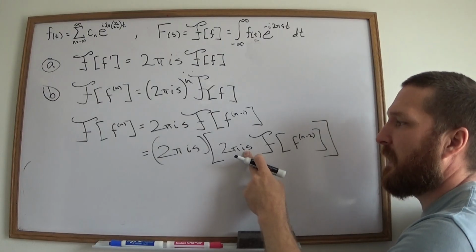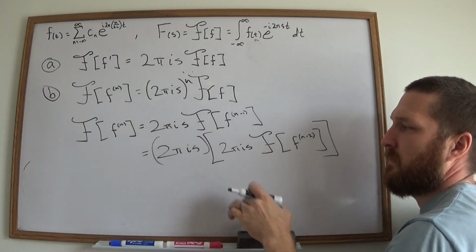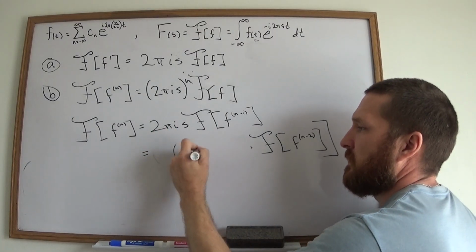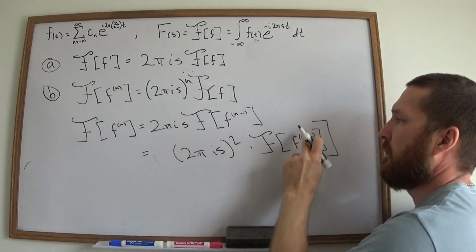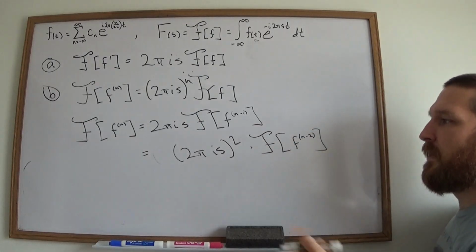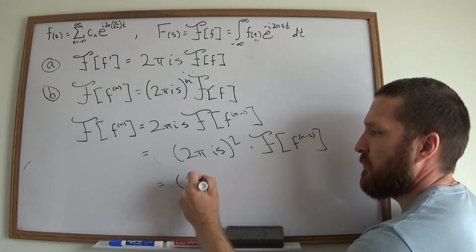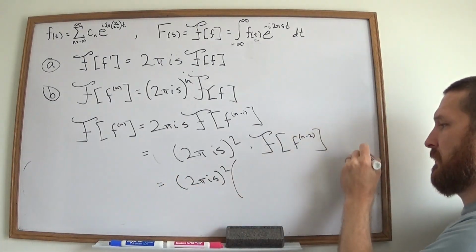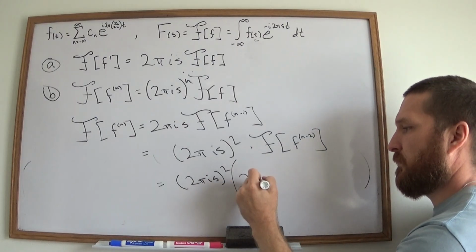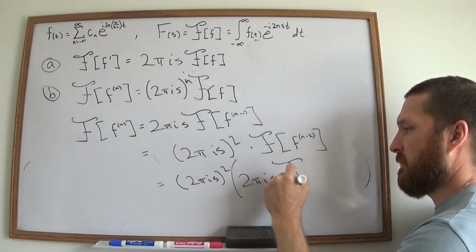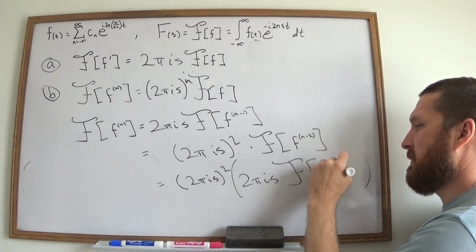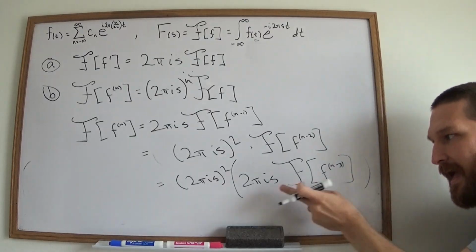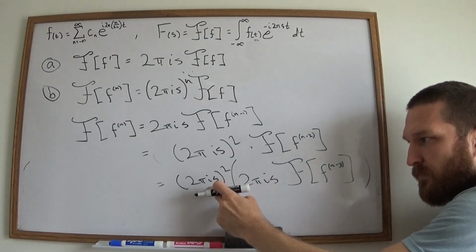But then the 2 pi i s is the same thing as that 2 pi i s, so how about I just rewrite this like this, 2 pi i s squared. Like that. But if that's the case, we have a 2 pi i s squared. This thing, again, is 2 pi i s times a Fourier transform of the n minus 3. Okay? But that is the same thing as 2 pi i s squared.